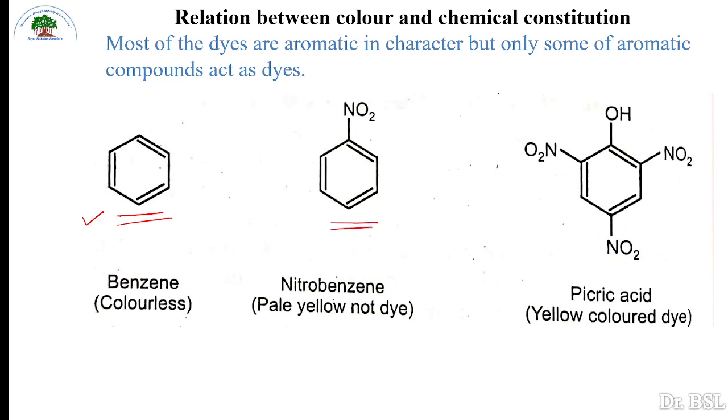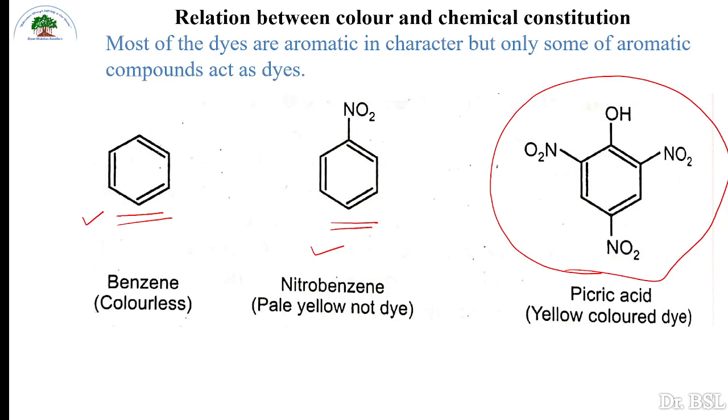This is nitrobenzene. We know the color of nitrobenzene is pale yellow, but this is not a dye. And this structure is picric acid. This is a dye and yellow colored dye.